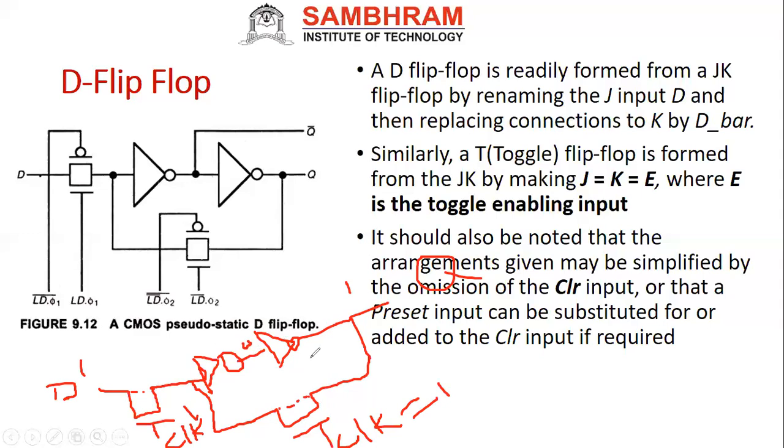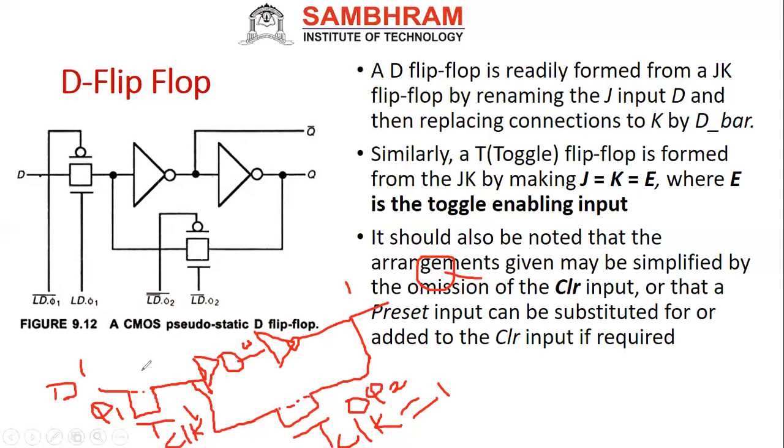But if you want to hold the data, that is what I'll do. I will make this clock phi 1 and this phi 2. So when phi 1 is equal to 1, this will be 0, so the same data will not go through, and the data will be there. When we want to hold, during the falling edge, this will not conduct. The data will be held here.